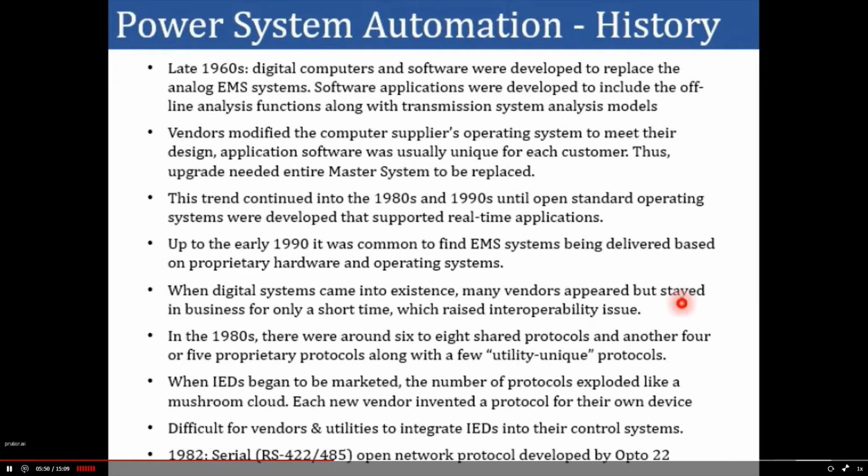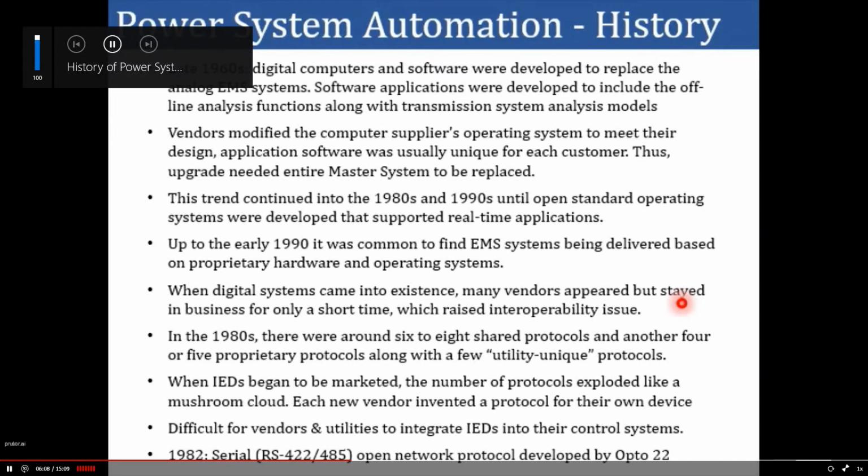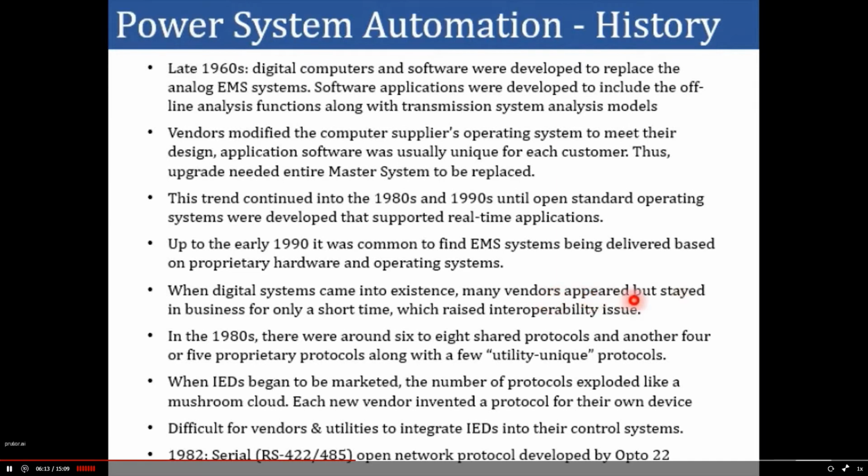Now, when they are not in the business, there is no one who knows the protocol or the technology which they have deployed. So if you want to add any new device or any new application, the data which was supposed to flow from one application to another was not possible, because no one knew what kind of proprietary protocols were deployed.